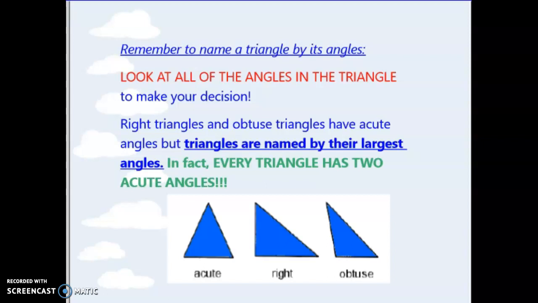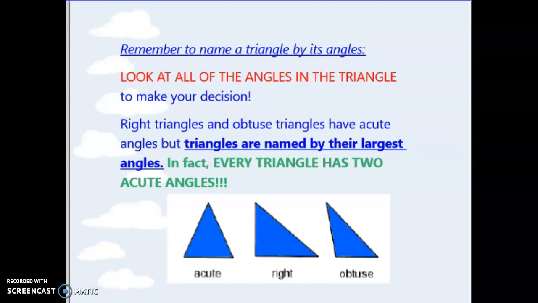We're going to name that triangle for its biggest angle, which is a right angle. And the last triangle is an obtuse triangle. It is the biggest angle in that triangle. Yes, there are two acute angles in it, but we name it by its largest angle, which is the obtuse angle.